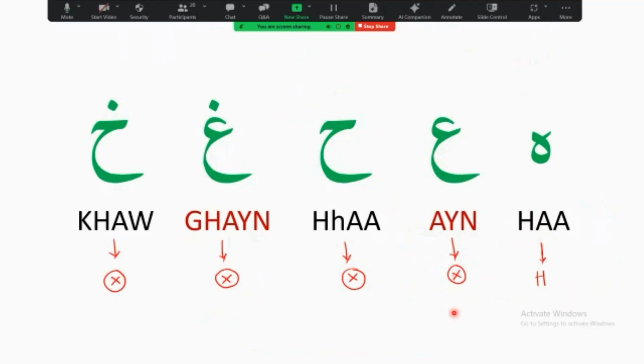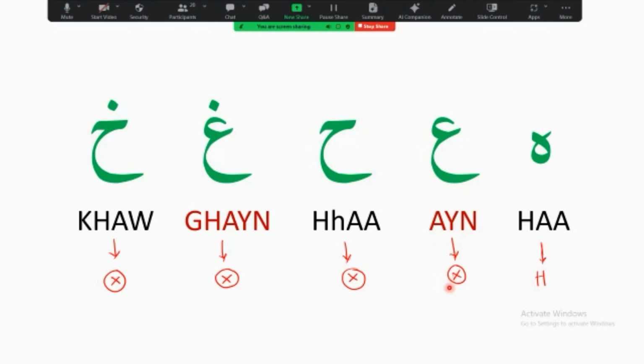For the next 4 letters, we are not familiar with the sound of these 4 letters when it comes to English. Okay, so this letter Ayn, right? Even if I have written it, this is actually not the exact sound, because at the start you see an alphabet A, but the sound of this Ayn does not start with that sound.